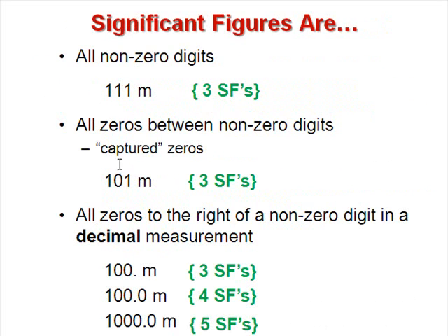Even though there's a 0 here, it's called captured. And so there are 3 SigFigs here. Now notice, because a decimal point was placed here, it makes these zeros relevant. So there are 3 SigFigs here, 4 here, 5 SigFigs here.